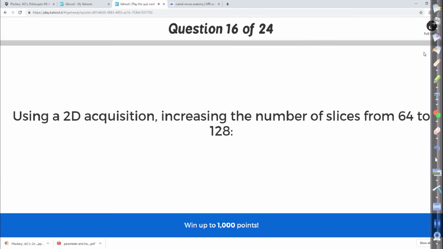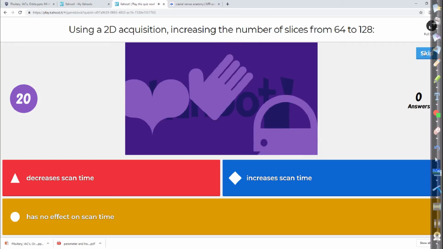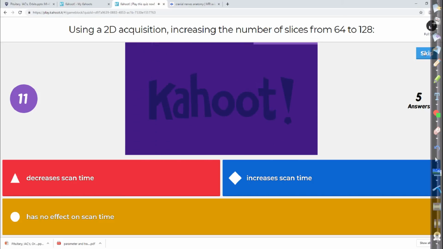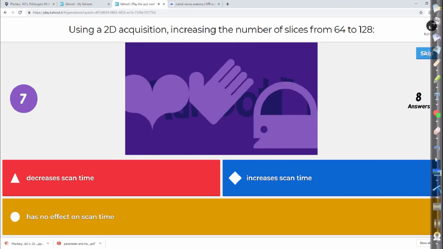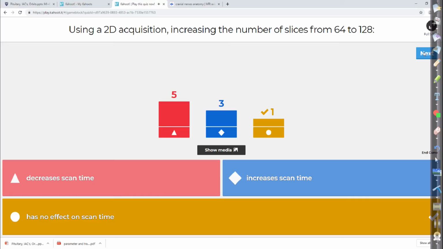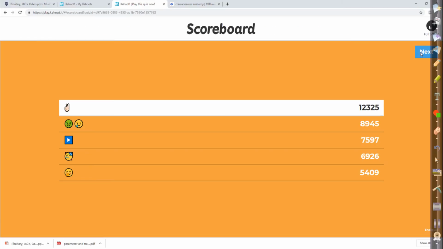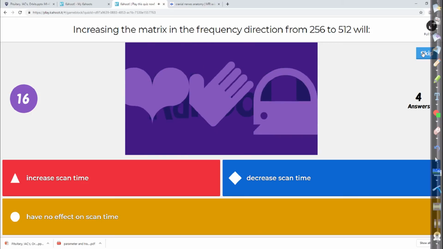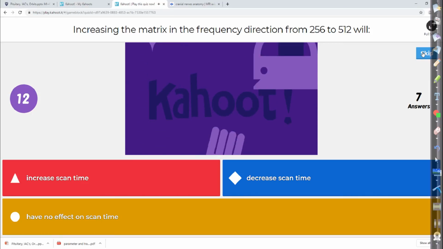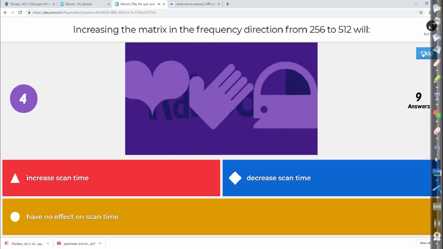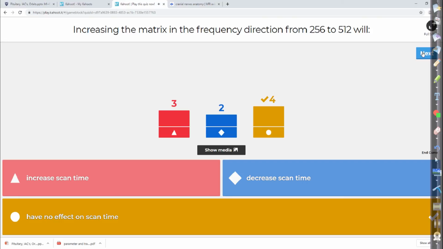Good. No effect. 2D acquisition. Number of slices, not part of a 2D acquisition scan time equation. Good.